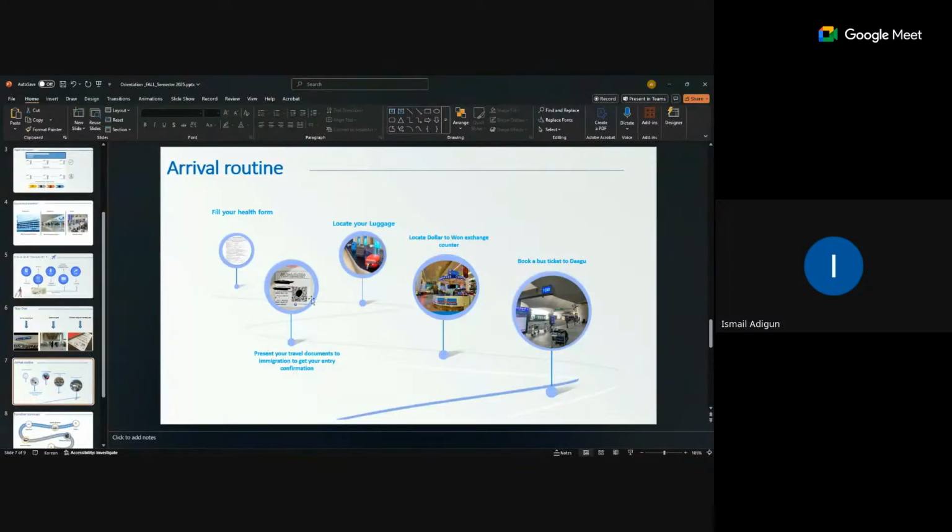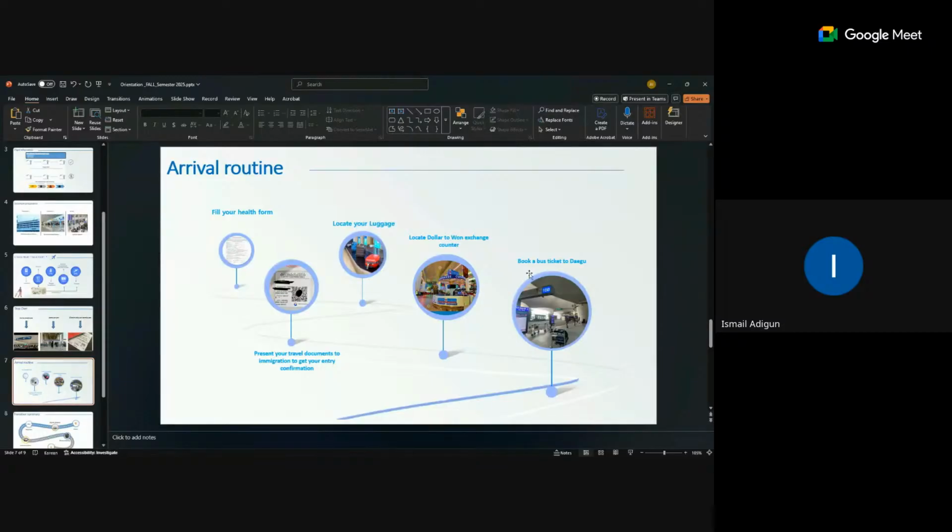After locating your dollar to won exchange counter, maybe if you have some guidance, it's very important to ask people the gates to Daegu bus ticketing.